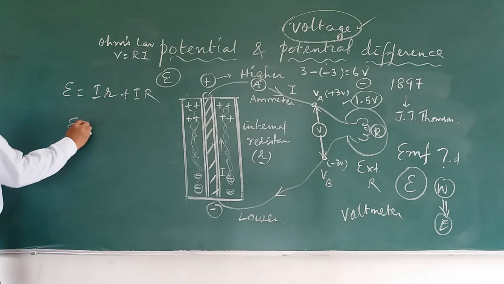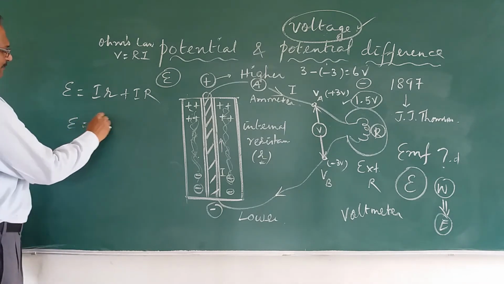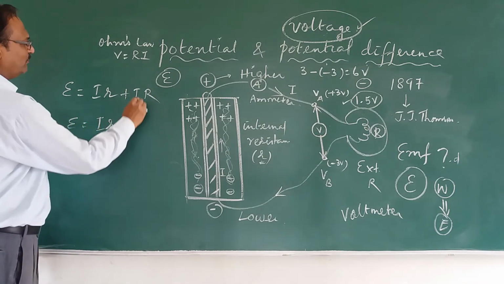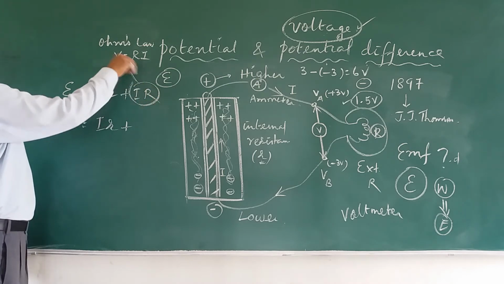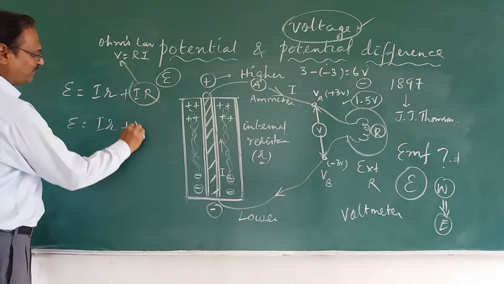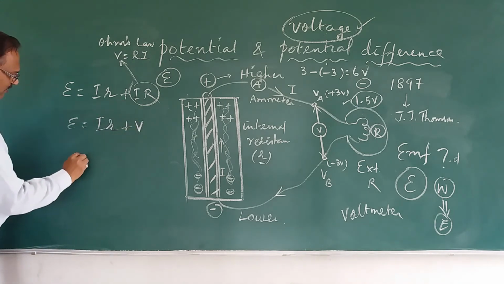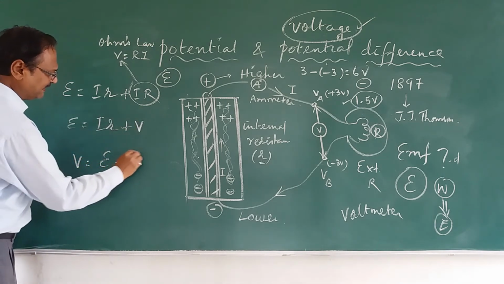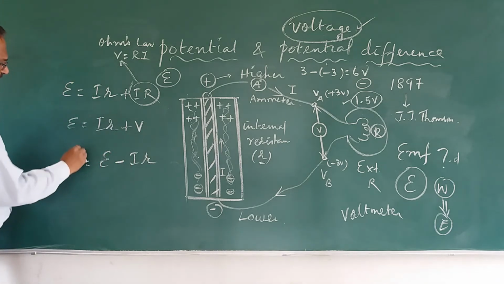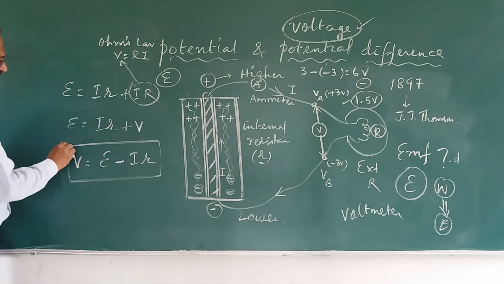EMF is equal to Ir, you keep it as it is, plus V, which is I into R, the external resistance potential difference according to Ohm's law. So we can say V is equal to epsilon minus I into r. So this is the main formula.